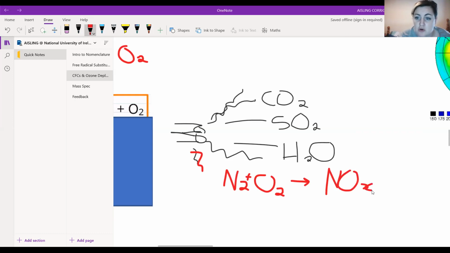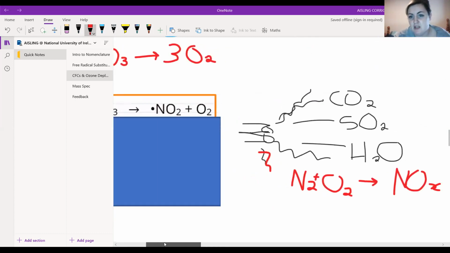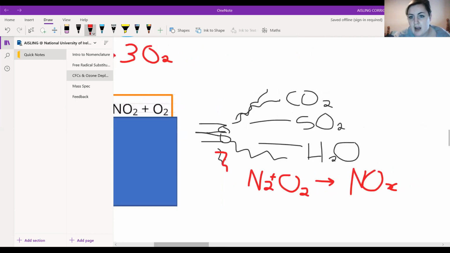And long story short, one of those possibilities is that nitrogen oxide radical here. So hopefully that made a little bit of sense. We have to know this anyway for alkanes, but again, how the nitrogen oxides are made: lots and lots of heat from the combustion engine, fusing these two together to make an NO radical.